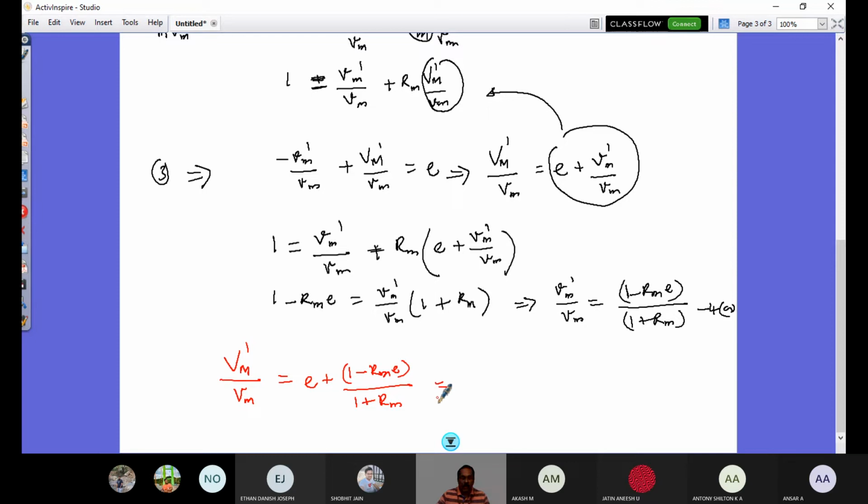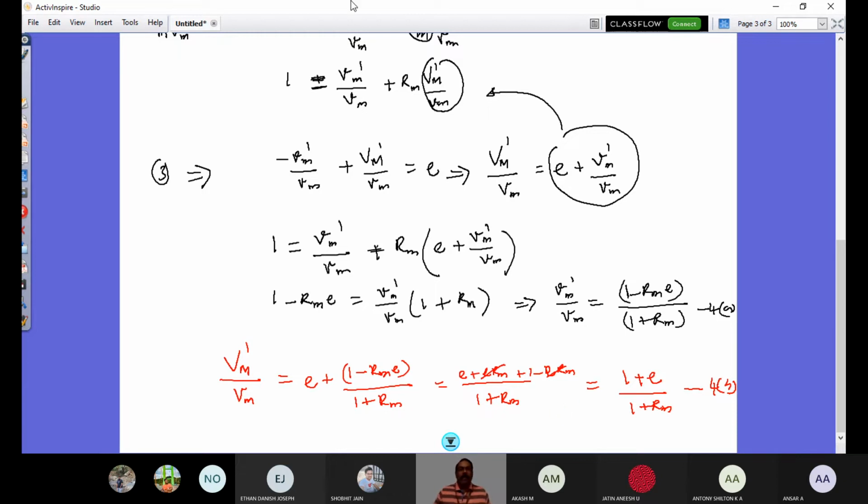So I can rewrite this taking LCM on both sides. It is going to be 1 plus Rm E plus Rm plus 1 minus Rm E, so this term goes off. So it's going to be 1 plus E divided by 1 plus Rm. This is equation 4b.